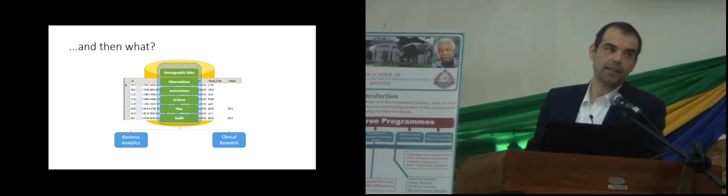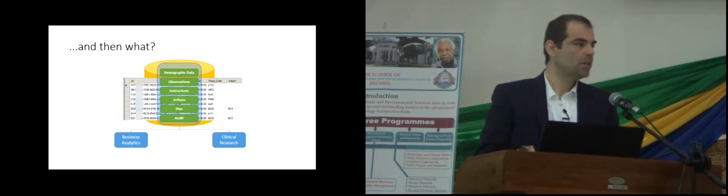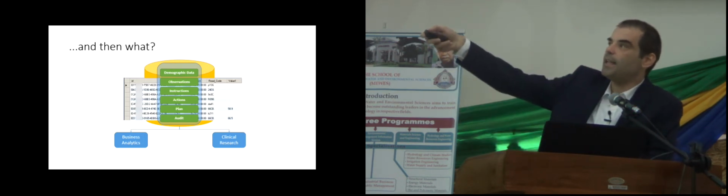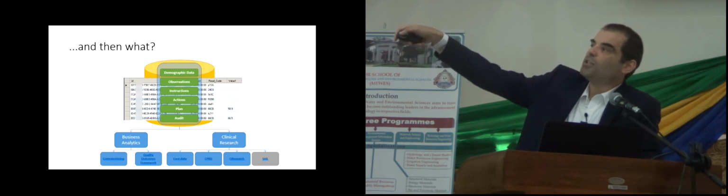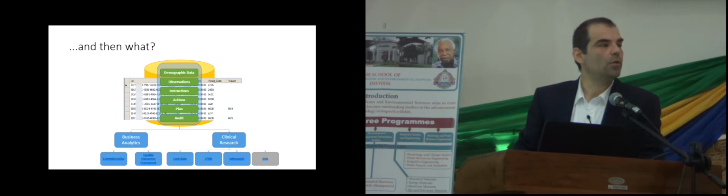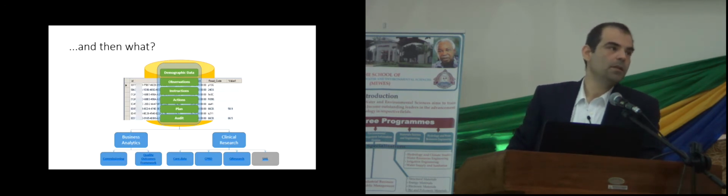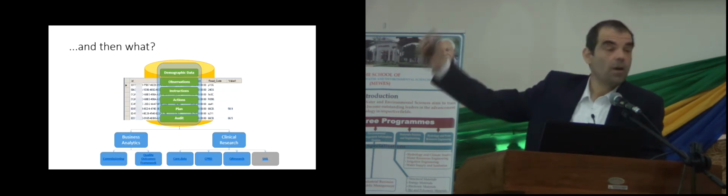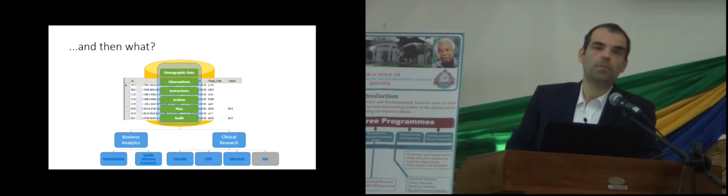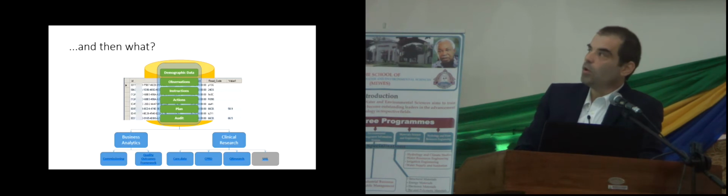You either do business analytics or clinical research on the back of accumulating all of this data. So we've got things like, how much do we spend? What do we spend it on? How long does it take for that process to happen? How can we improve? How can we make the same thing cheaper, but with the same quality, and so on?